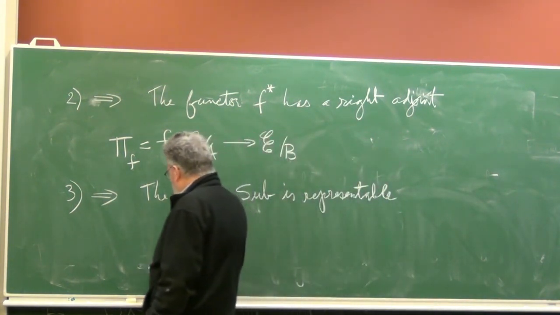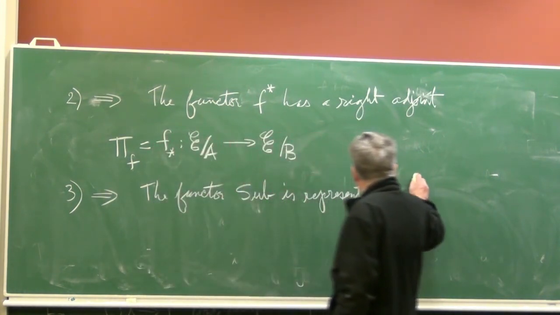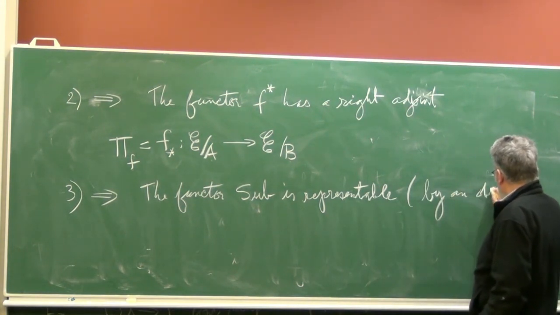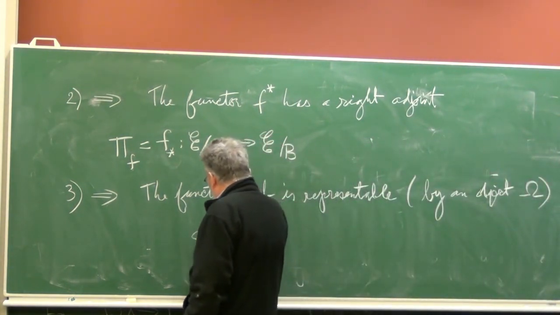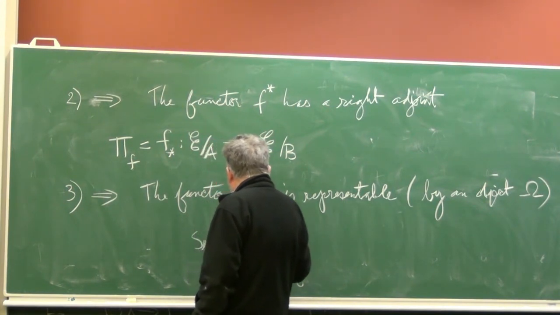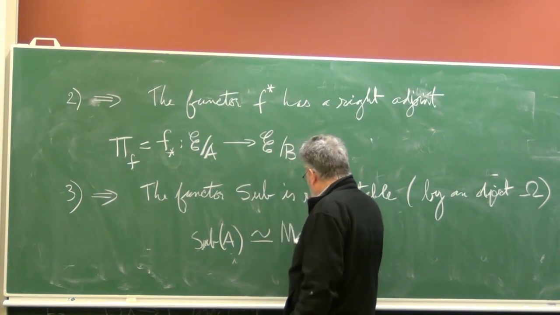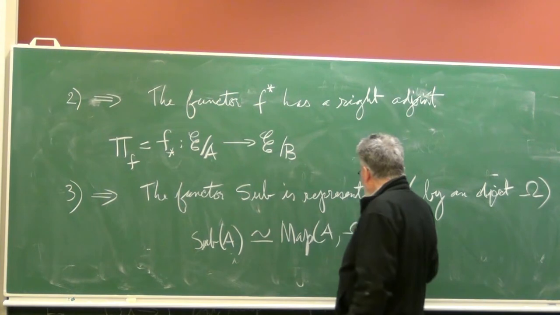Which means that you can find an object called omega, so that the subobjects of A are in natural bijection with the maps from A to omega.